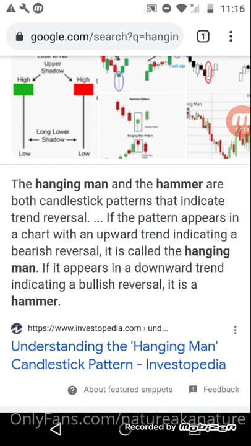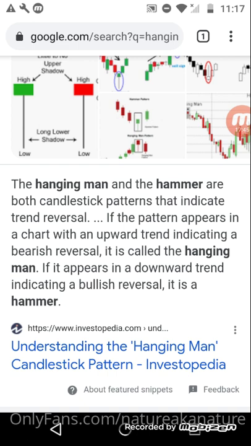If the pattern appears on the chart in an uptrend, indicating a bearish reversal, it's called a hanging man. You might think it's a hammer on an uptrend, but it's actually not a bullish reversal like a hammer. It's a bearish reversal, meaning sellers are coming in to turn the uptrend into a downtrend.